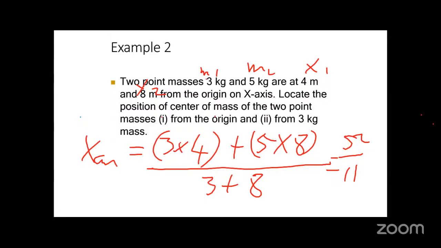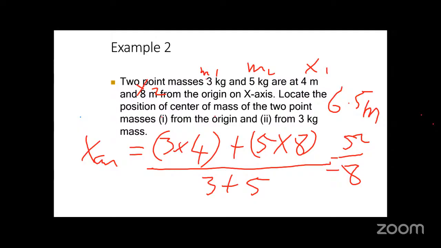Okay. That is 8. Sorry, thank you. The answer is 6.5. 6.5, bro. So that is 6.5 meters.